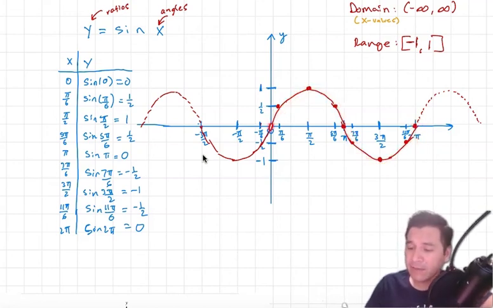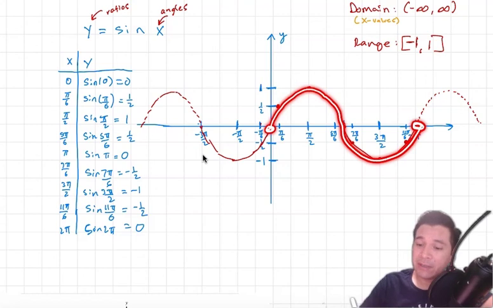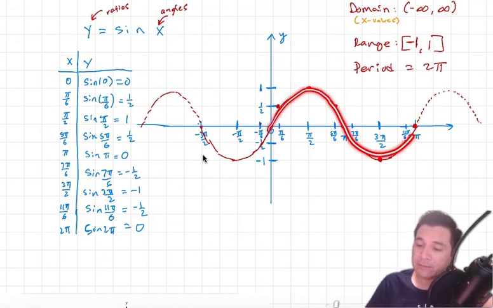We see that the length that it takes for the graph to repeat itself is 2 pi units. So we say that the period of the sine function is 2 pi, because that's the length of one complete cycle.